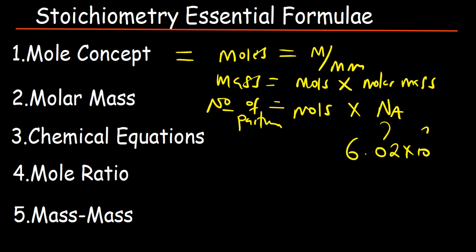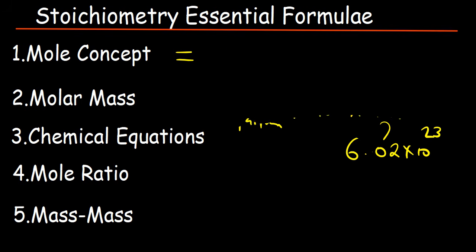Then you also have to understand the molar mass. The molar mass is one of those essentials. The way we find it is the sum of the atomic masses, usually from the periodic table. The unit is grams per mole.